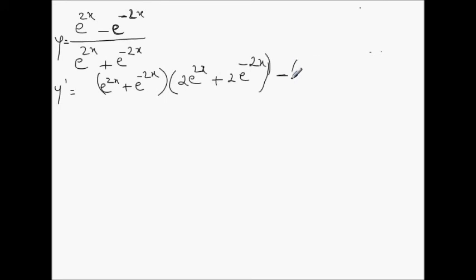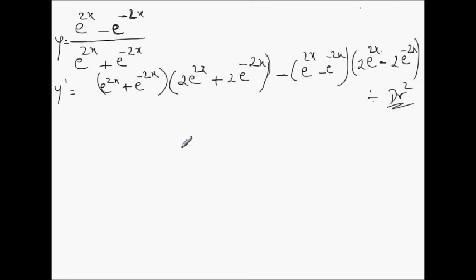Minus the numerator times the derivative of the denominator, which is 2e to the power of 2x minus 2e to the power of minus 2x, and the denominator would be divided by the denominator square. That I'll write later. Just keep it as divided by the denominator square.